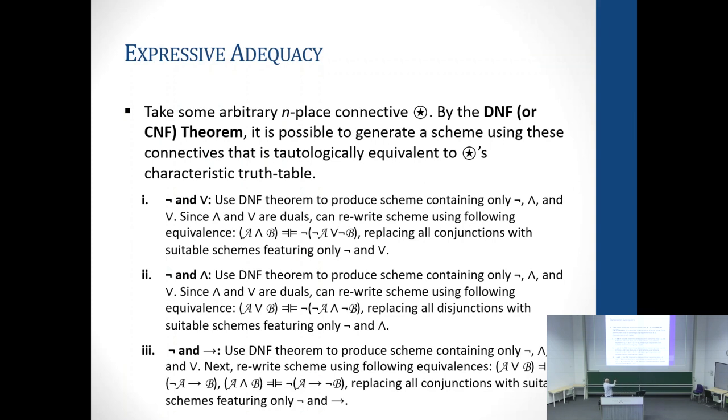You take some sentence, and you use DNF to produce the relevant version using only negation, conjunction, and disjunction. Since conjunction and disjunction are duals, you rewrite the scheme, replacing all the cases of conjunction with the relevant negation, disjunction, dual. Cool. Now all you've got is negations and disjunctions. You have something that's guaranteed by definition to be truth functionally equivalent. You've now reduced everything down to those two.